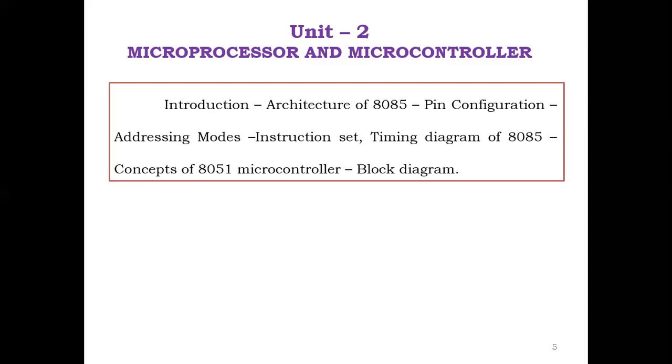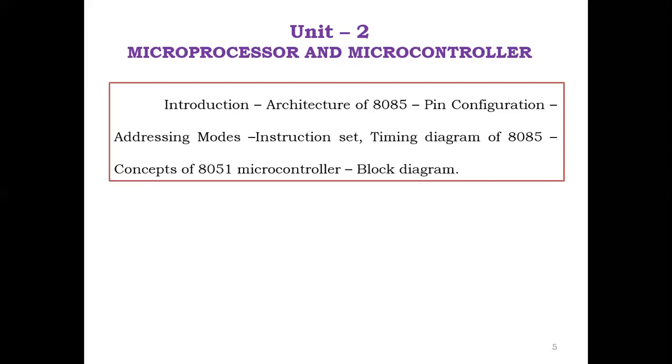Okay. So next one is the timing diagram. So why do we go for the timing diagram of 8085? It is the image representation, or graph representation, of 8085 instruction execution. We already discussed that we have a lot of instructions in 8085, that is 246 instructions.